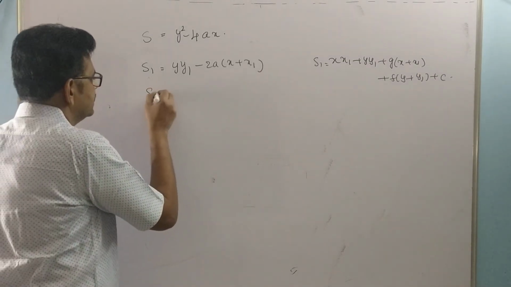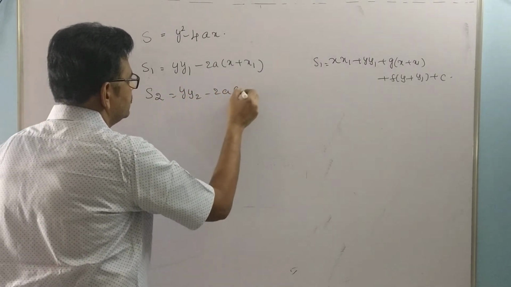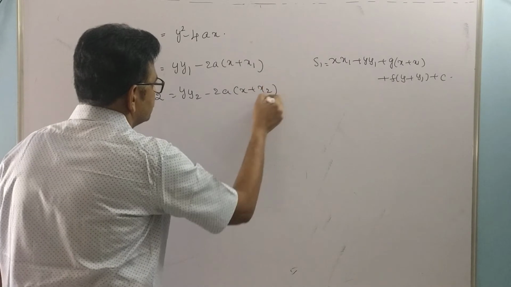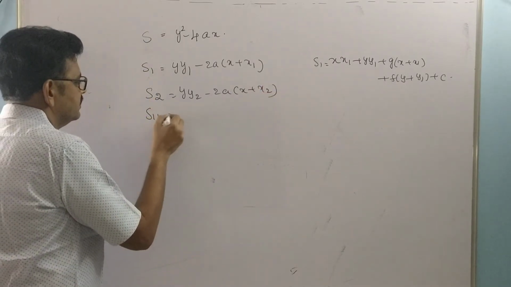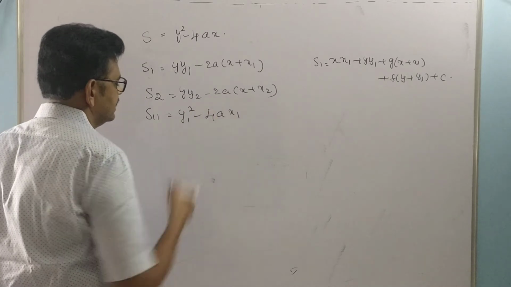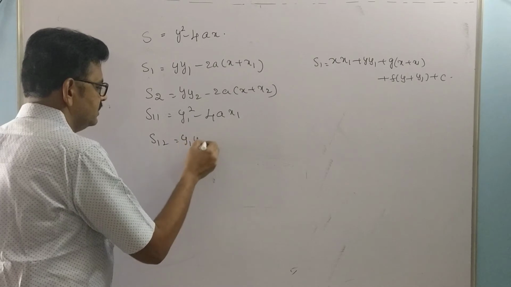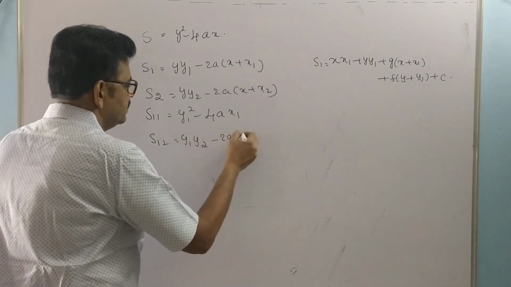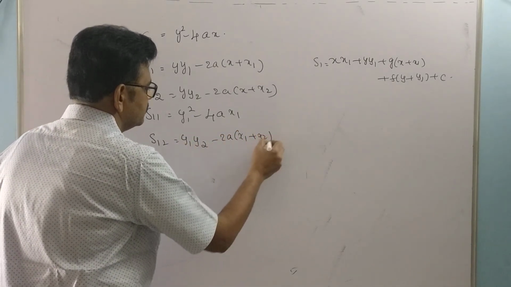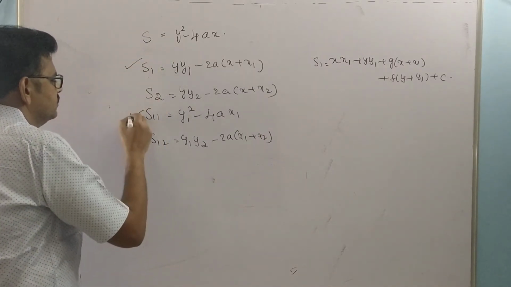Next, S2: yy2 minus 2a into x plus x2. S11: y1 square minus 4ax1. S12: y1y2 minus 2a into x1 plus x2. In general, we can use these two frequently.